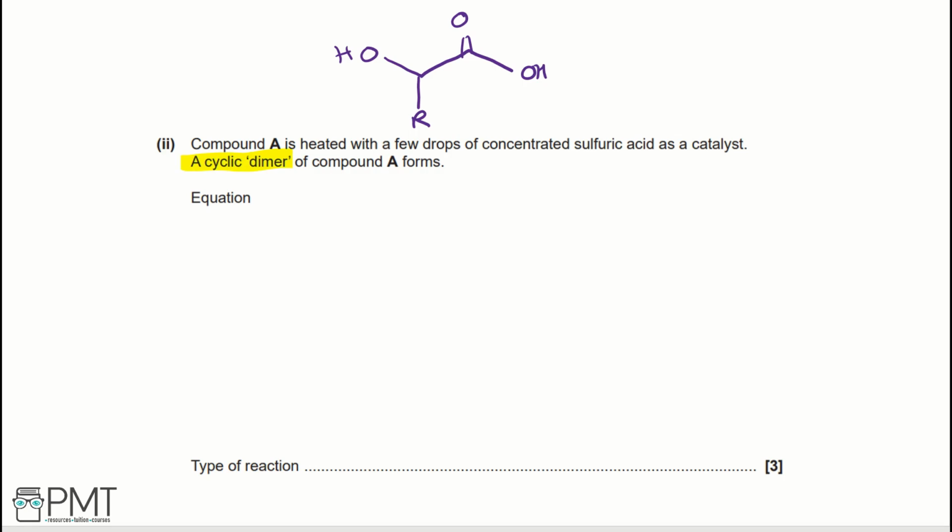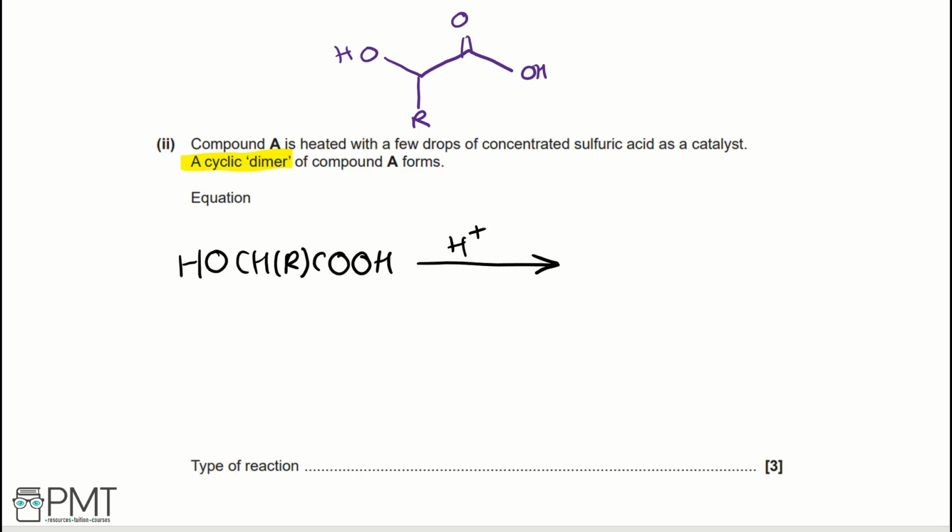I've redrawn compound A above just to help us keep track of everything in this question. We start this question by writing our equation, so let's write out compound A as we've done in part 1. HOCHRCOOH. We can write our sulfuric acid if we want over the arrow.